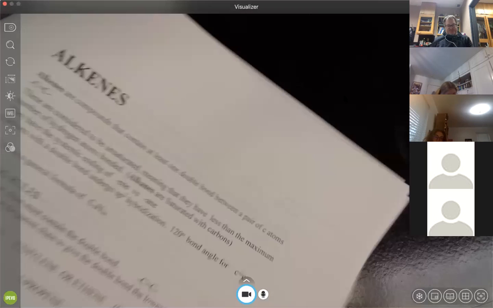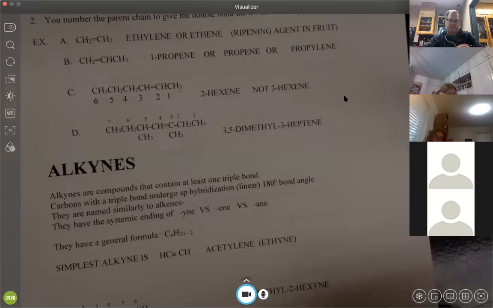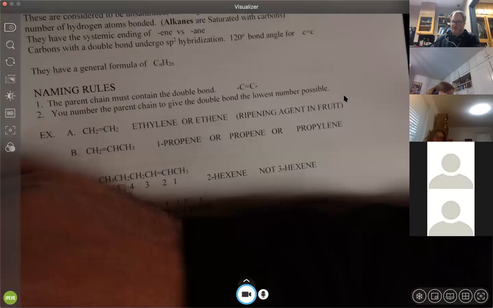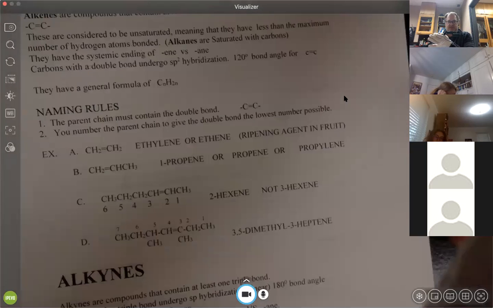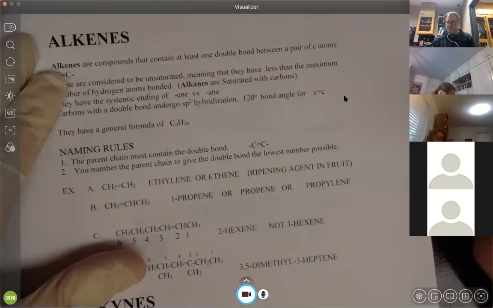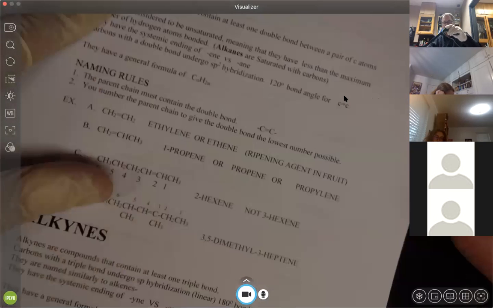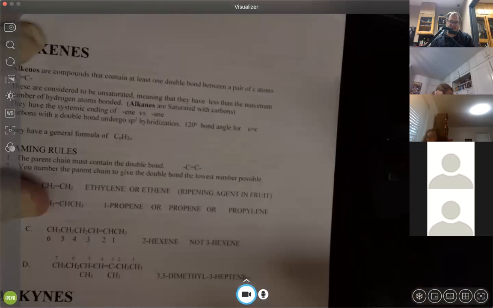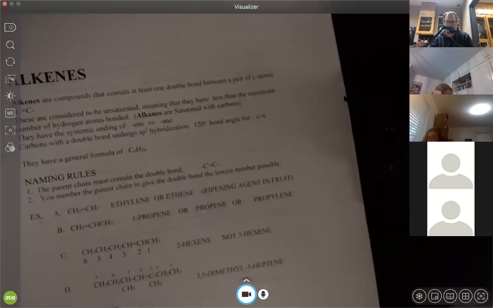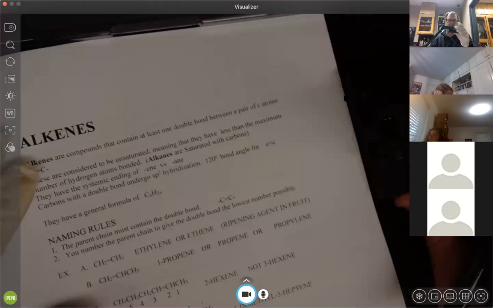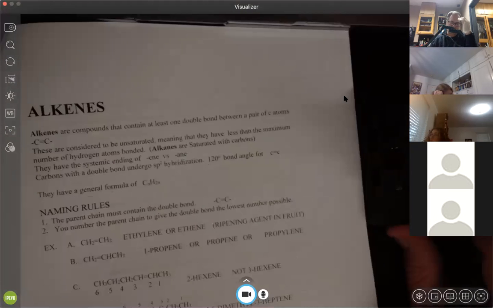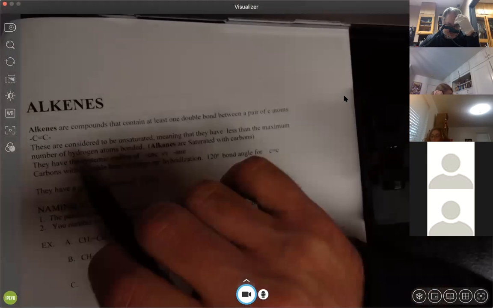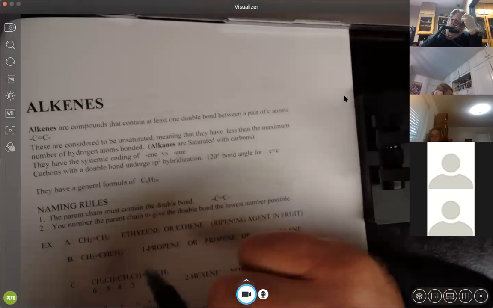All right, let's ramp it up. Alkenes. If we take a look here, we have alkenes. So alkenes are compounds that contain at least a double bond.